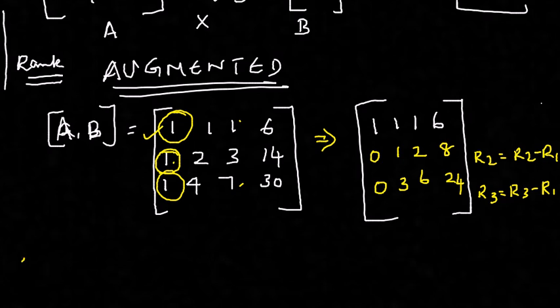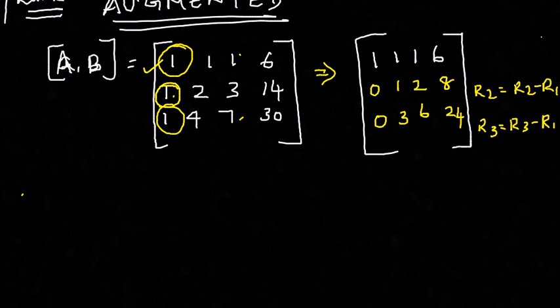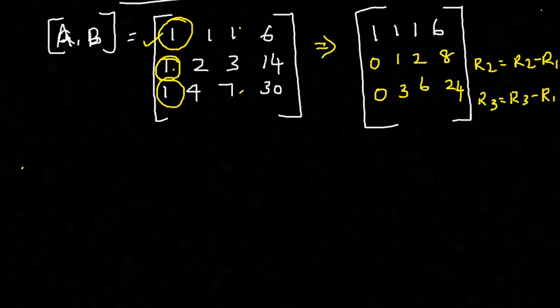Now, in the next step for echelon form, we want to make this element 0. There are two options. I can multiply row 1 by 3 and say 3 minus 3 is 0. In that case, this element will become 6 minus 3, 3, and 24 minus 18, which will be 6. But consider the other option.